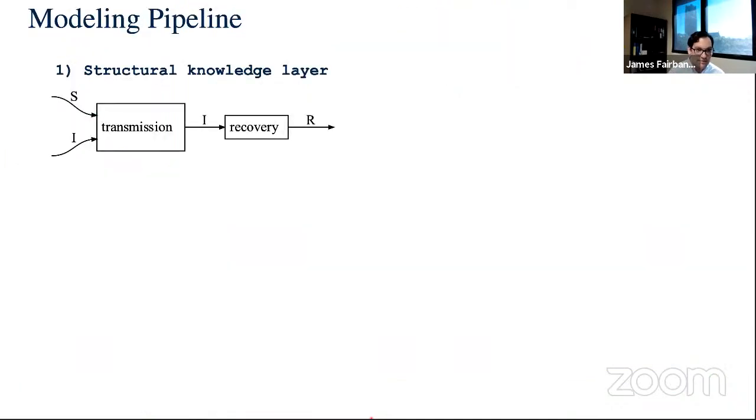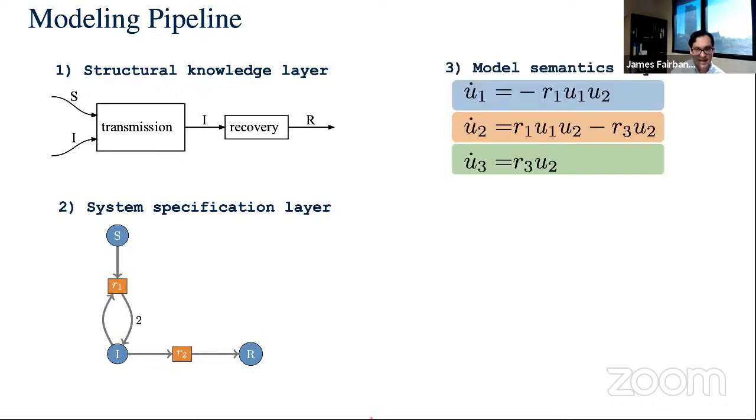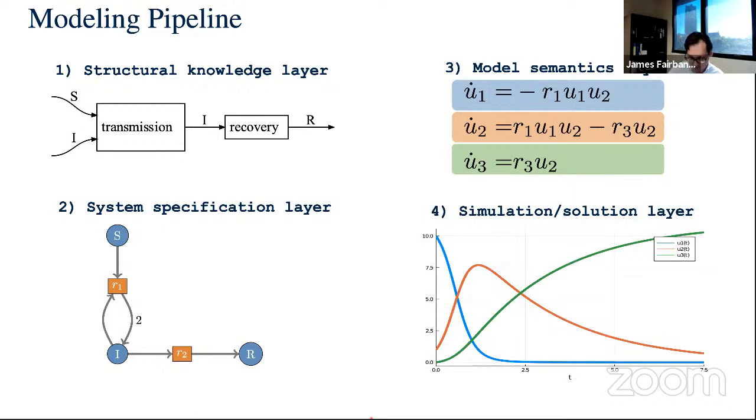So our modeling pipeline is that you have some syntactic representation of the process. You want to build a specification of systems that exhibit these processes, translate that into some numerical or mathematical representation of the problem, and then solve it.